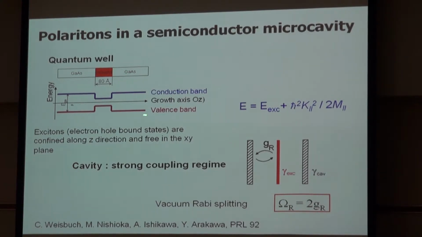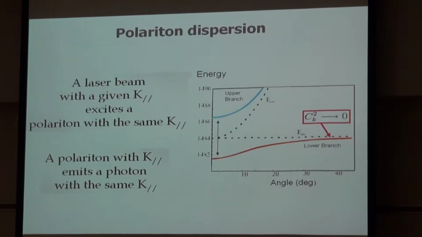Now, in addition, as I told you, these excitons are in a cavity, and in the cavity they undergo strong coupling. The vacuum Rabi splitting is larger than the decay rate of the cavity and of the exciton. So this is the landscape. And now we have to consider what happens.